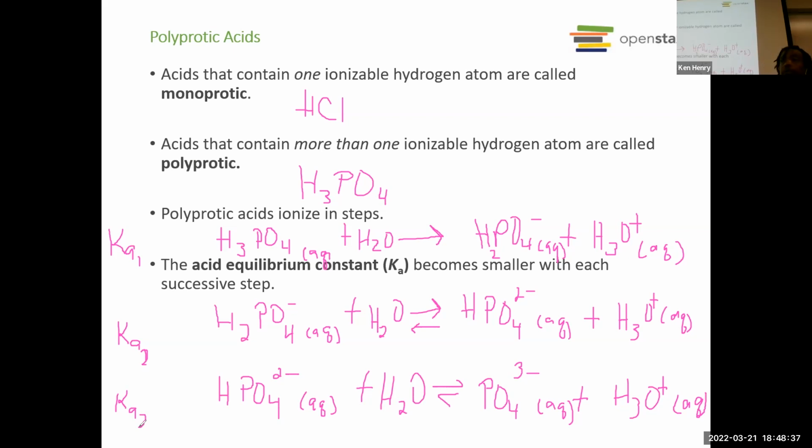So let's look at it simply. Which reaction is going to have the highest pH? Because its equilibrium constant is going to be larger than the others, right? It's going to be favoring more of the products. So you're going to have more of your hydronium ion in this case than you would have here.